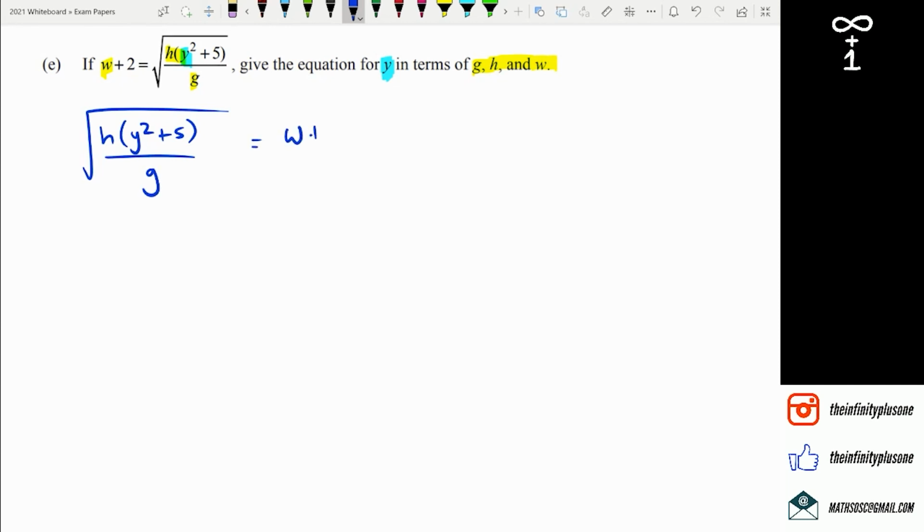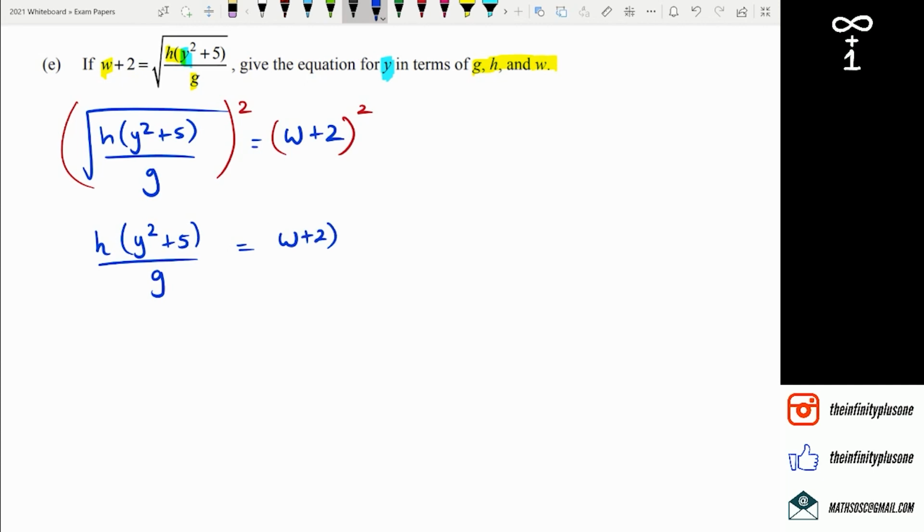Equals w plus 2. Now the first thing is I want to get rid of the square root symbol. So to get rid of the square root symbol, I'm simply going to square both sides. And when I do this, my square root symbol has disappeared, and I've got h times y squared plus 5, divided by g, equals w plus 2 squared.